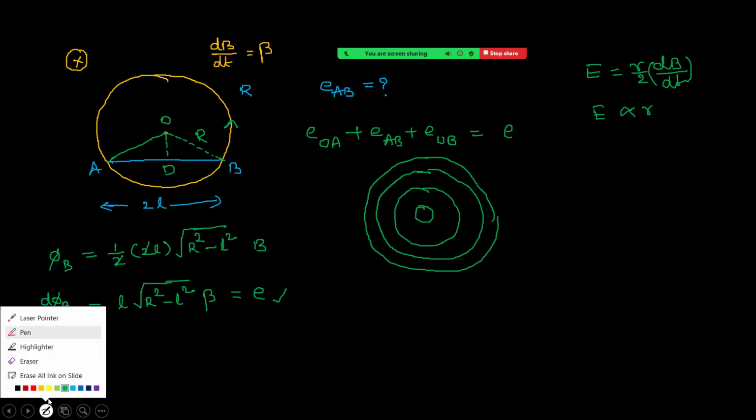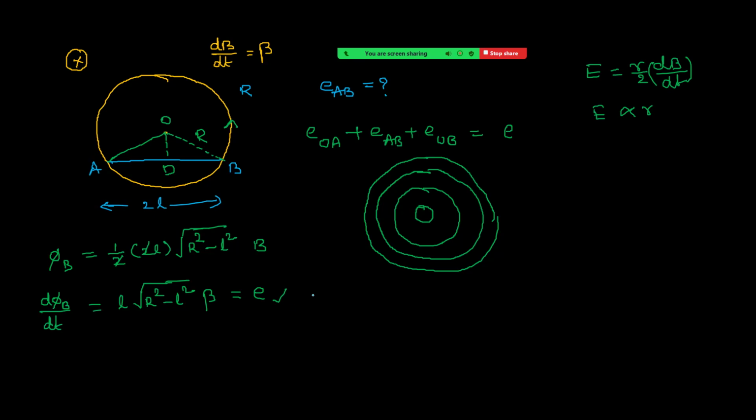And the direction must be in this way. Okay. Right. Now from this what I can say. Since the field lines are now concentric circles, at any point on this rod OA, the direction of the field will be normal to OA.